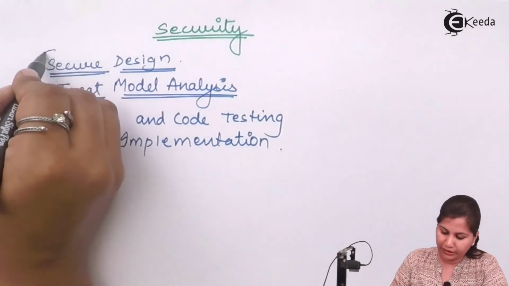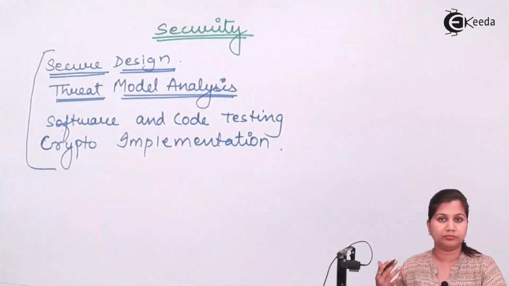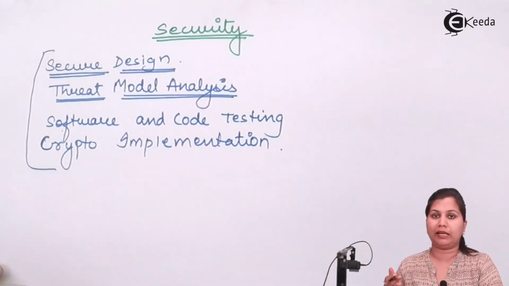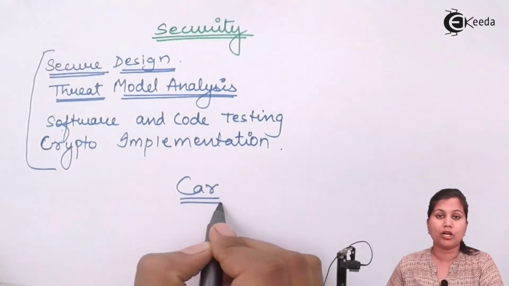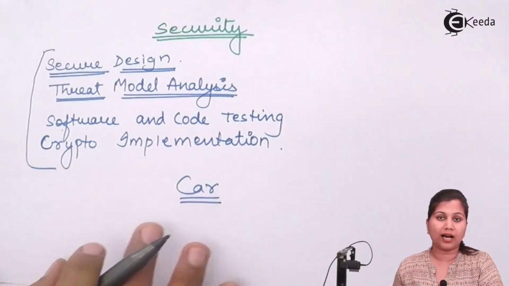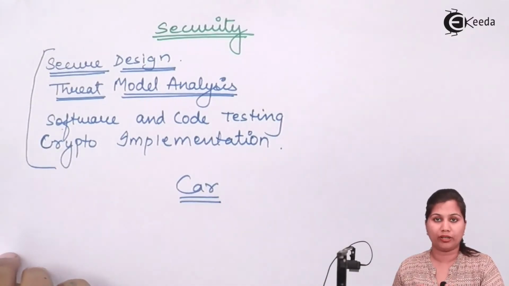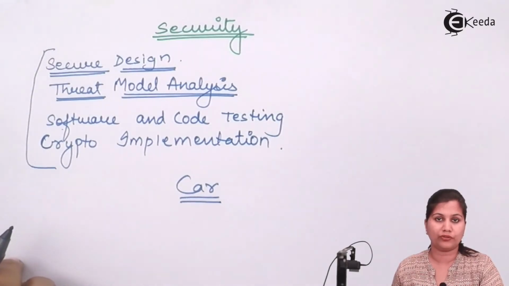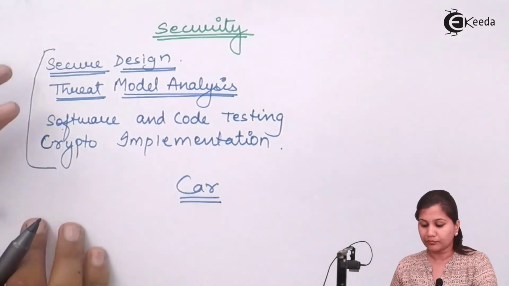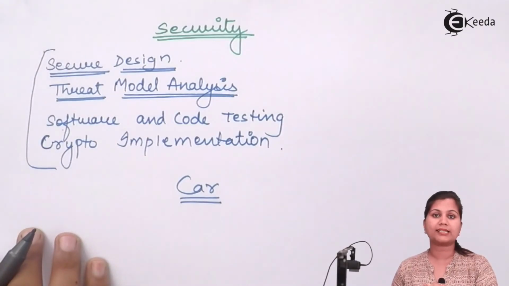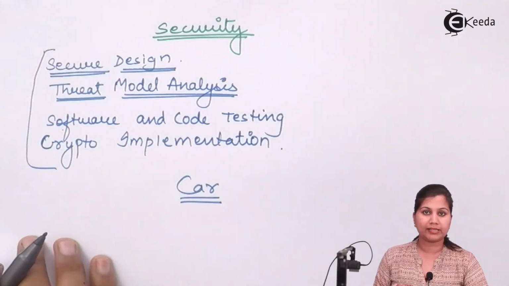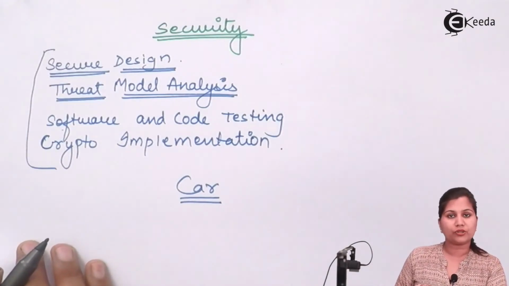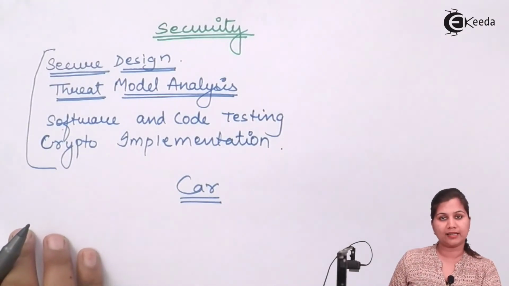In the security part, take the example of a car, which is also an embedded system. In the car, we see that security and safety measures are taken. That is the main part which has now come up in embedded systems, that security is also being maintained in these systems.